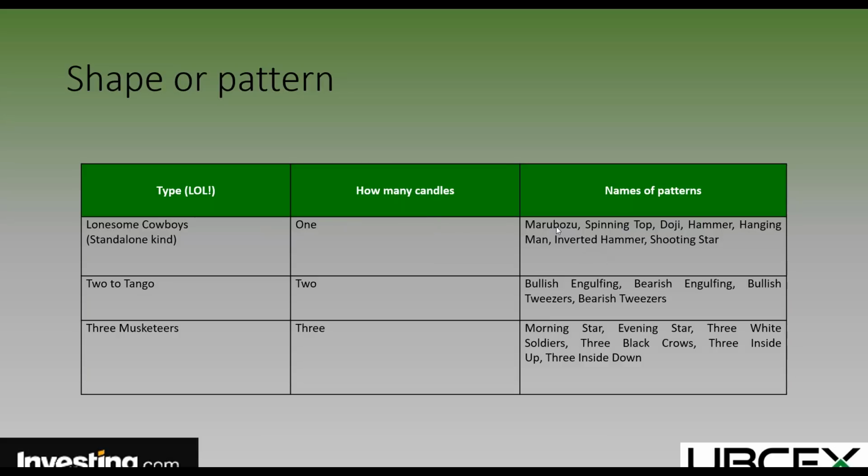Okay. The Marubozu, we have a spinning top, we have a doji, we have a hammer, a hanging man, and basically a hammer and a hanging man are exactly what they look like. A hammer is a long lower wick and a small body up top. So they're a variation of a small body candle. The hanging man is just the opposite.